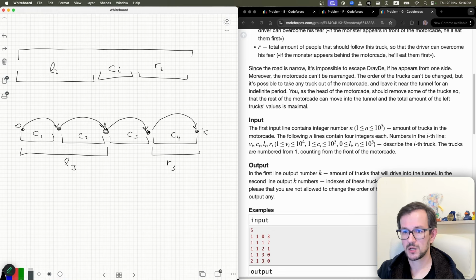Every bus is an edge: before this bus I had L people, after this bus I have L plus C people. So every bus is a transition from this number of people to this number of people. I want to take transitions so that I have k people in total in the end, and I need to take these transitions with maximal total value. So I start with 0 people and end with k people.